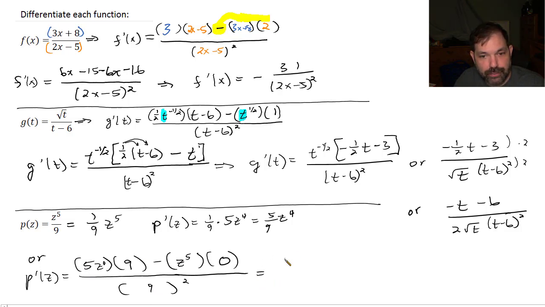So that gives me 45z to the fourth minus 0, so just 45z to the fourth, over 81, which is 5/9 z to the fourth.